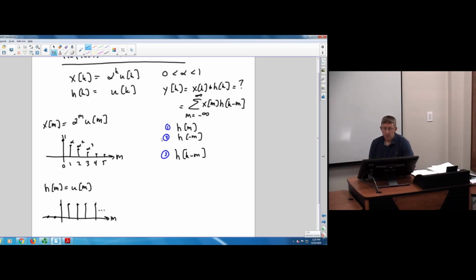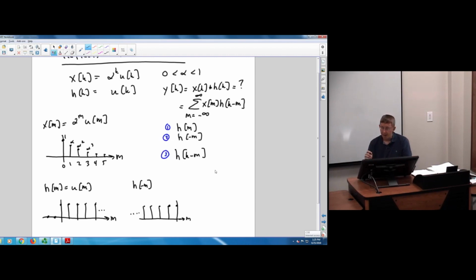So we did that one. What about this one? Time reverse it. I'm just going to take this unit step and flip it the other direction. So here is what h of minus m looks like. That's still m, but now it's 0 there and 1 in the opposite direction. Everybody okay with that step? It's just a unit step, time reversed.